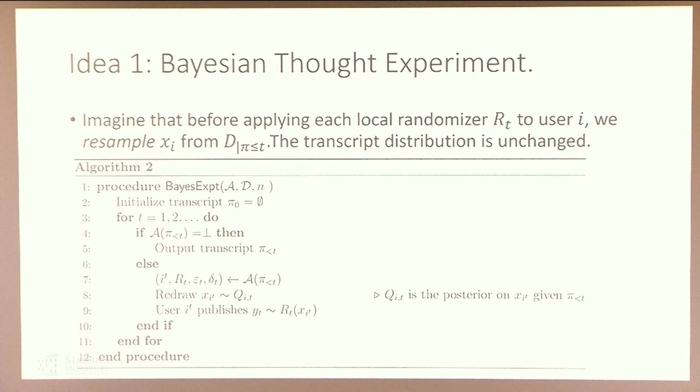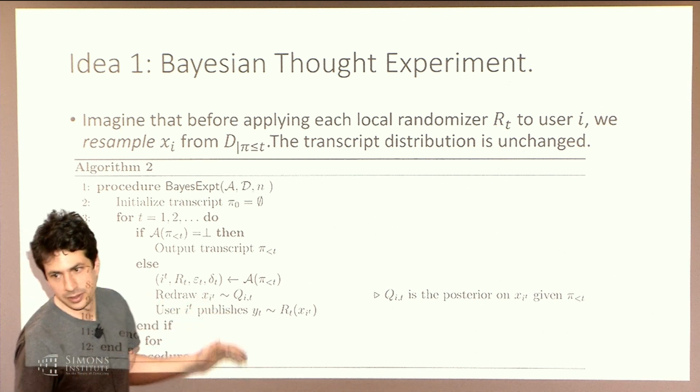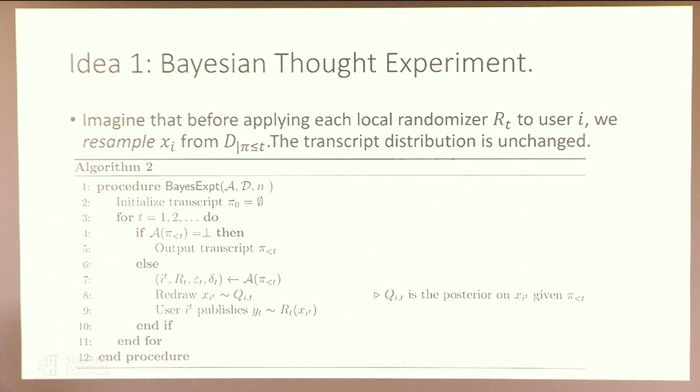When I go back to ask Adam another question, it will be the same Adam that I asked the first question to. Okay? But why don't I imagine that that's not what happens when I go back to ask Adam a question for the second time? I actually resample his data afresh, not from the prior distribution, not from the real data distribution, but on the posterior distribution conditioned on the transcript I've seen so far.